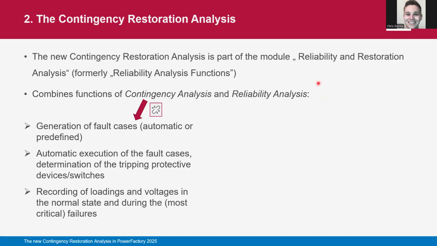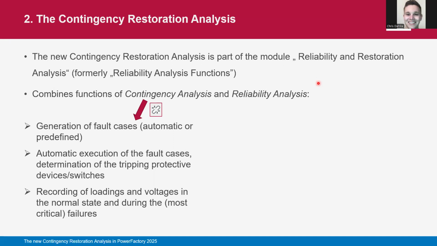Also, during the execution, all the predefined or automatically defined cases are executed one after another. It's estimated which protection devices will trip or which circuit breaker will open in those cases. And the worst case loadings and voltages in normal state and also during the most critical failures will be recorded and then made available as a report afterwards.